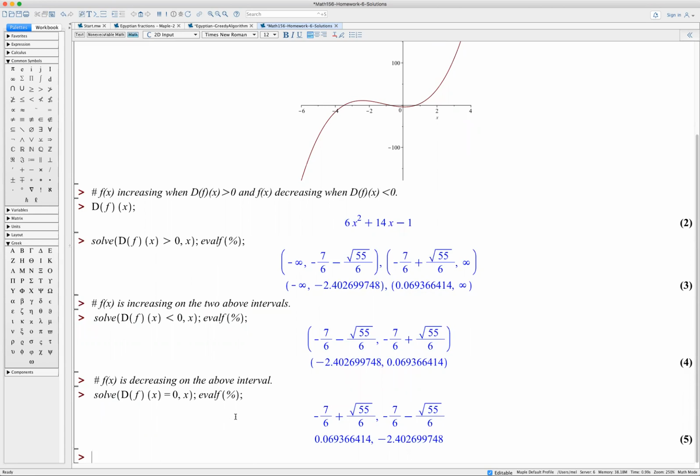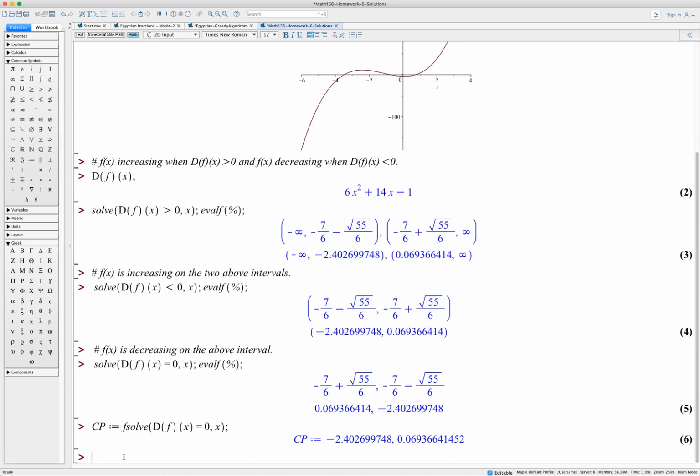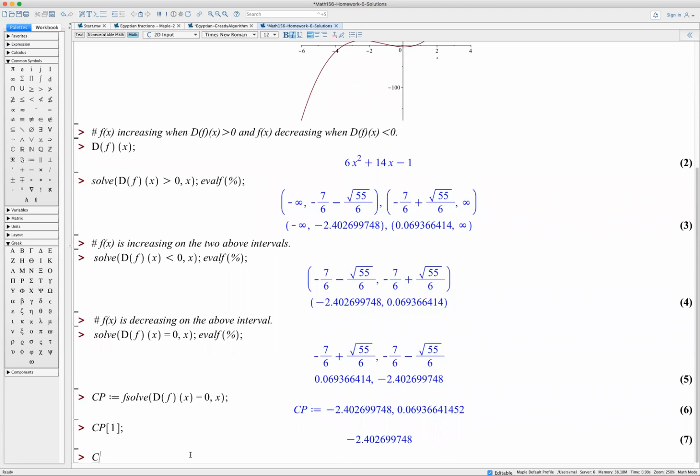These are the critical points. I could say CP stands for critical point. Let me just use fsolve because that gives them to me as decimals right away. CP square brackets 1 is the first, CP square brackets 2 is the second.